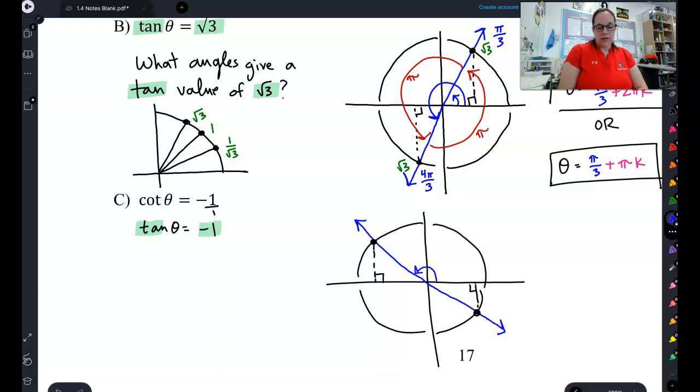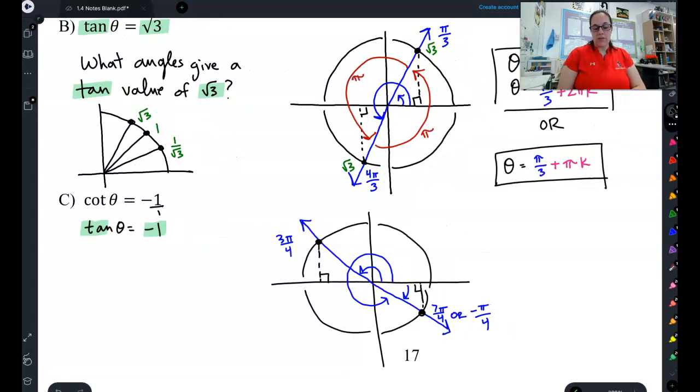This one is going to be 3 pi fourths. And this one is 7 pi fourths. Or we could go the clockwise direction and say -pi fourths. Either one is fine.